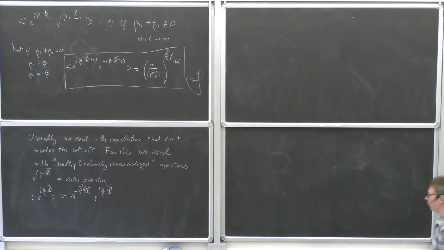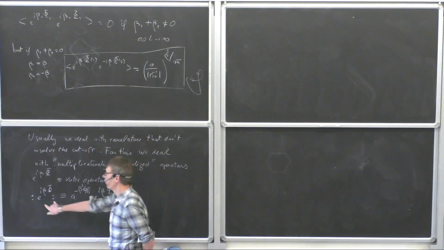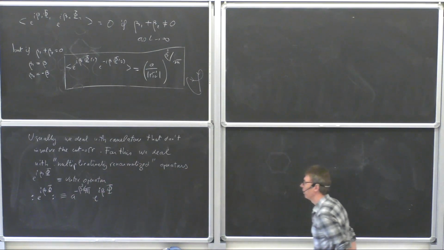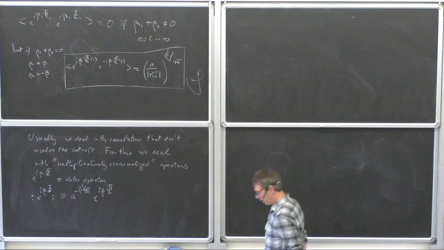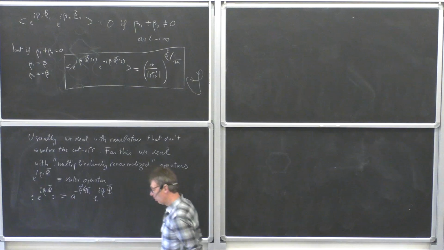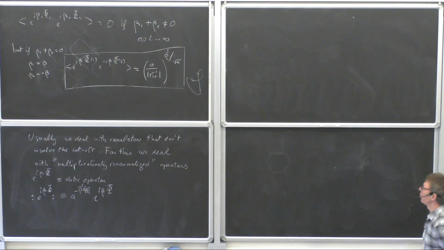Another way of getting rid of the cutoff would be to prevent self-contractions. This is what these dots represent. For those of you who know a bit about quantum field theory, this may be a more natural way to think of it. I'm not going to worry too much about it, except that when we have to talk about conformal invariance, the cutoff is going to come back and demand attention.